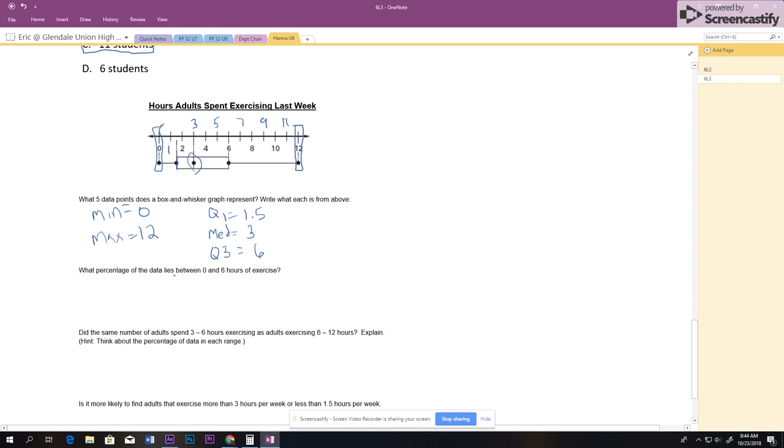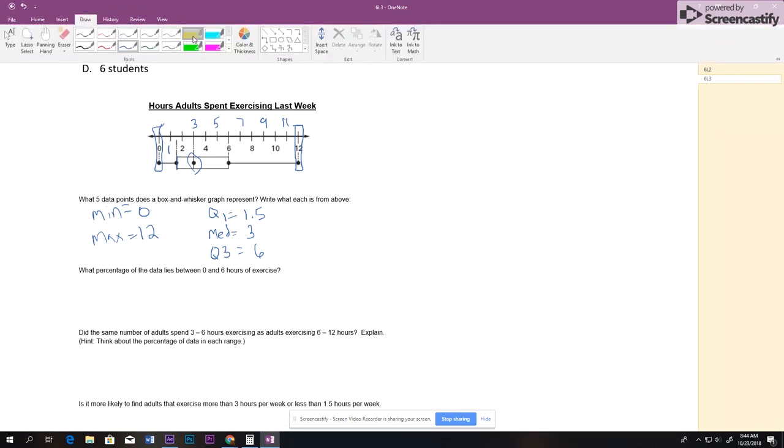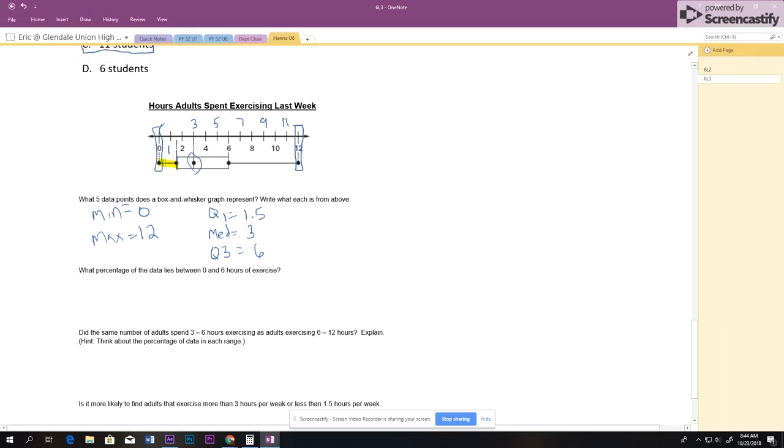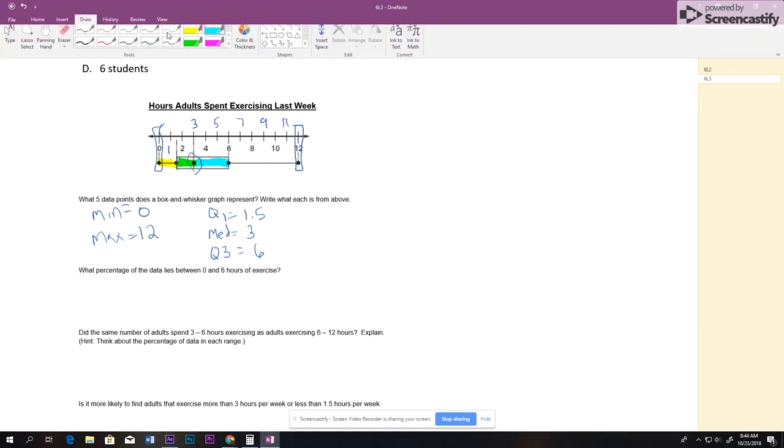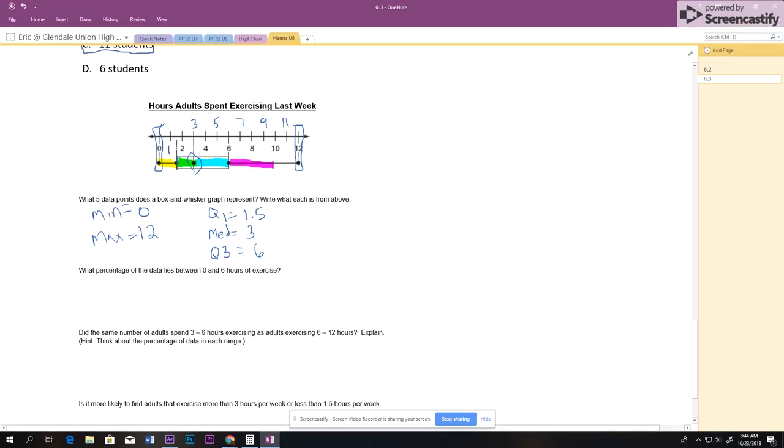Which percent of data lies between 0 and 6 hours of exercise? So if we separate this into its pieces, we have this part in between those 2 dots, this part in between these 2 dots, and this part in between these 2 dots.